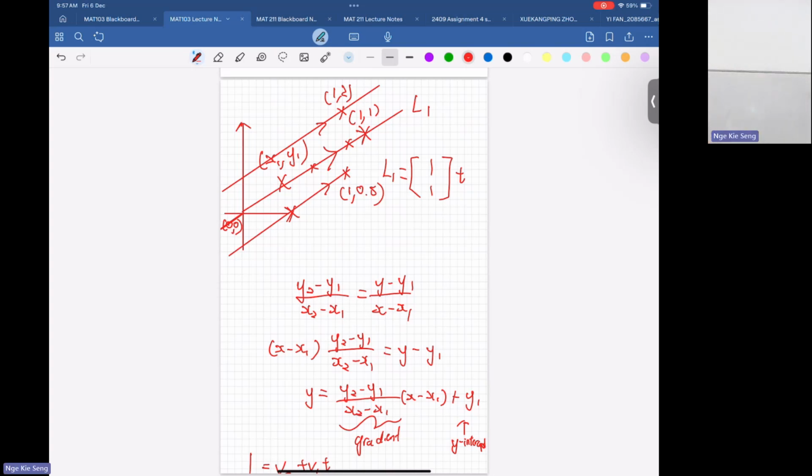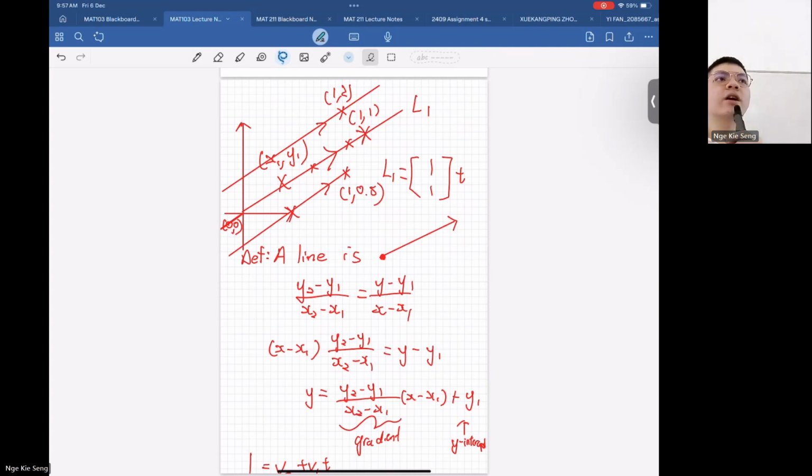So what I want to say is, if you want to make a line, what do you need? You just need a point and a direction. Then you can make a line. This is the definition of a line: one dot with a direction.